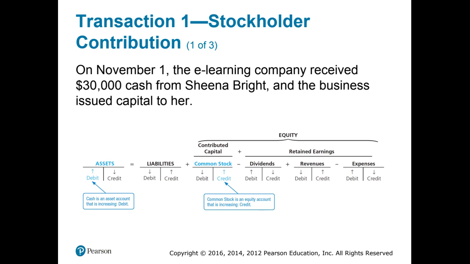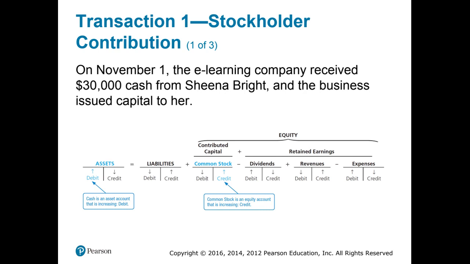The business issued common stock to her. So step one, we need to identify the accounts and the type of the account. The two accounts involved are cash and common stock. Cash is an asset account and common stock is an equity account.